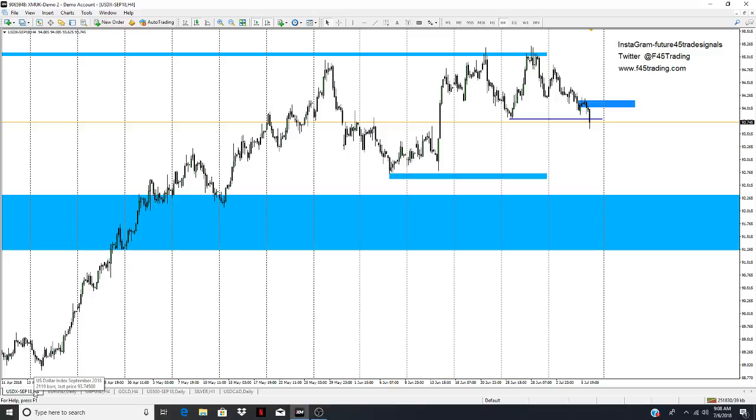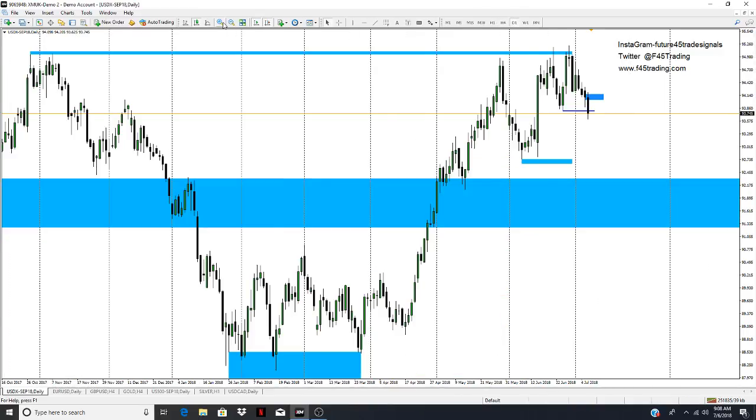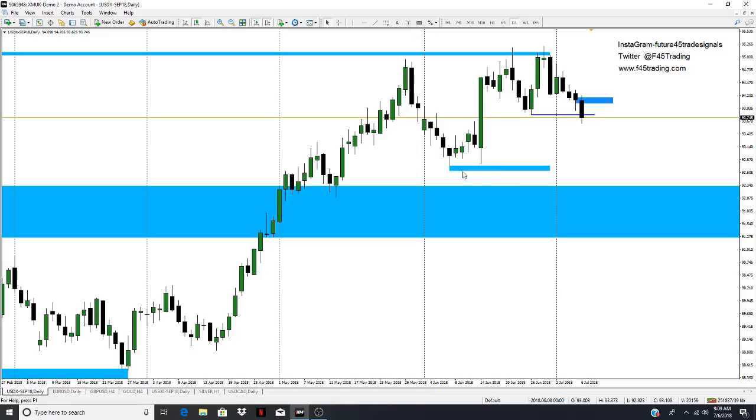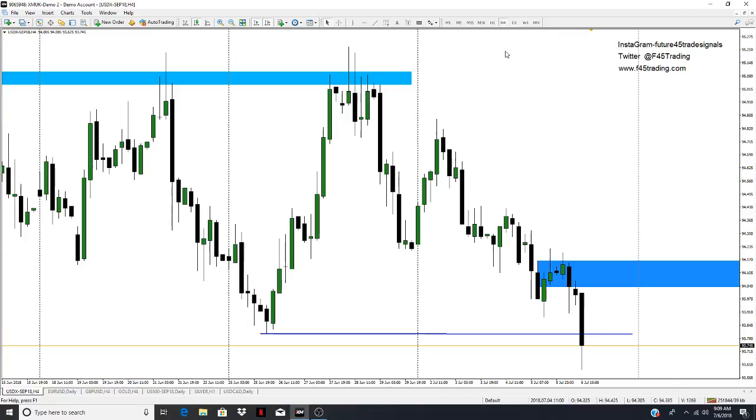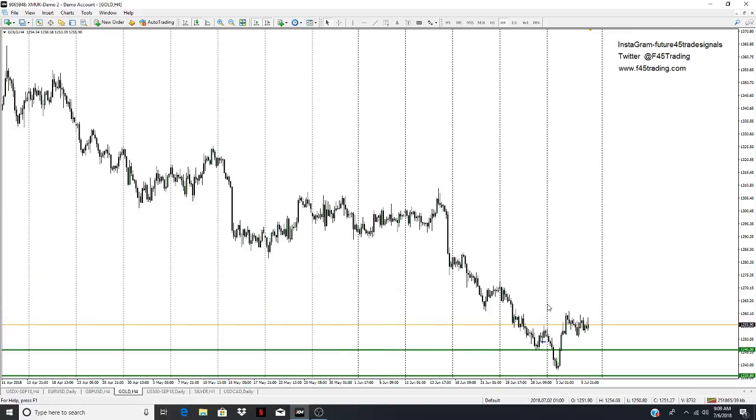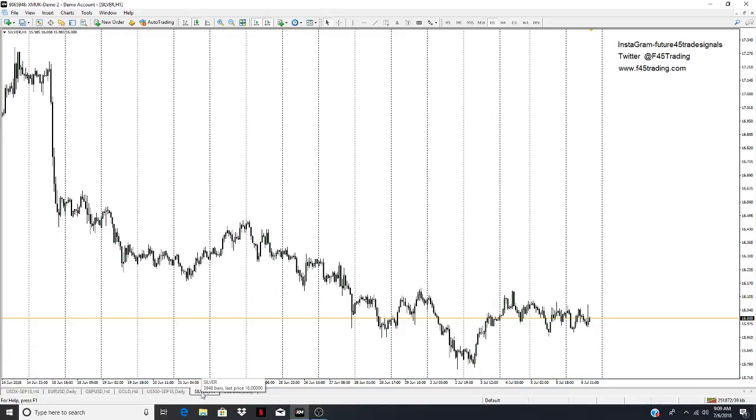And if dollar keeps getting weak, if dollar wants to come down into this level, that would be good. So I'm really interested to see what happens to dollar here, if we can stay below these lows or if we're going to get up here. And if dollar's going down, we're looking for higher prices on gold, and I would like to buy gold. I'm just waiting for the opportunity.